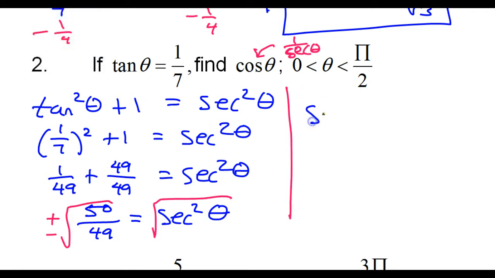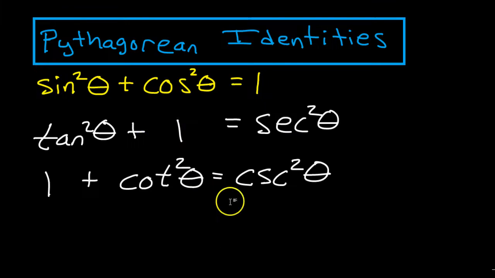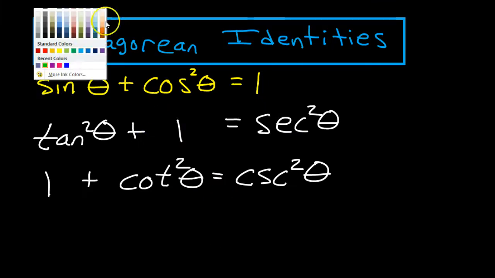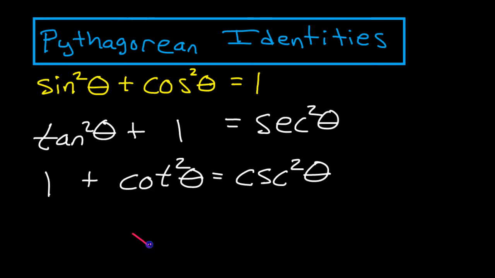But for now, let's write that secant, we've unsquared it now, is going to equal plus or minus the square root of 50 over 7. Square root of 50, we need to simplify that. Square root of 50, you know that that is 25 times 2.